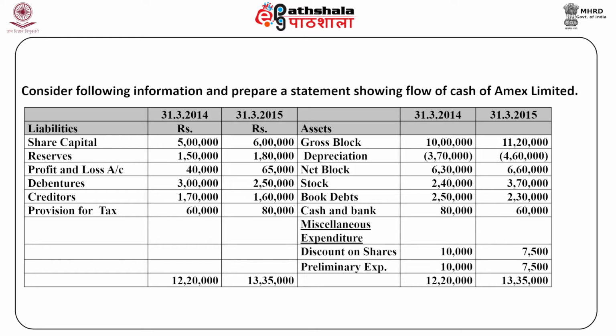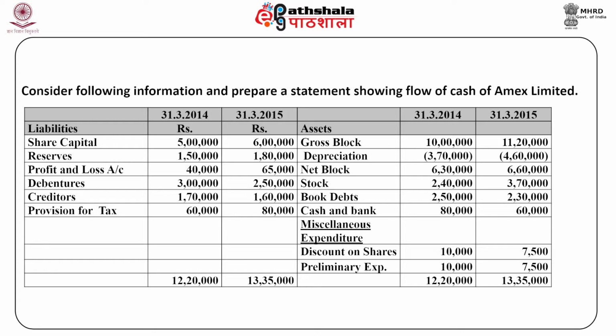Reserves 1,50,000, 1,80,000. Profit and loss account 40,000, 65,000. Debentures 3 lakhs, 2 lakh 50,000. Creditors 1 lakh 70,000, 1 lakh 60,000. Provision for tax 60,000, 80,000.